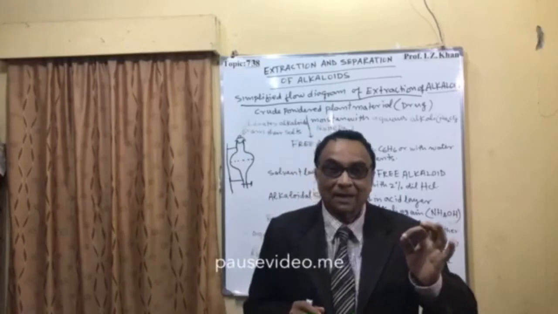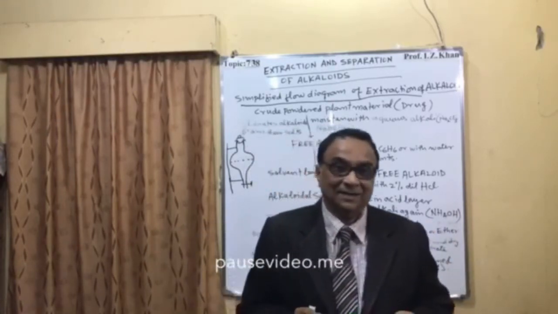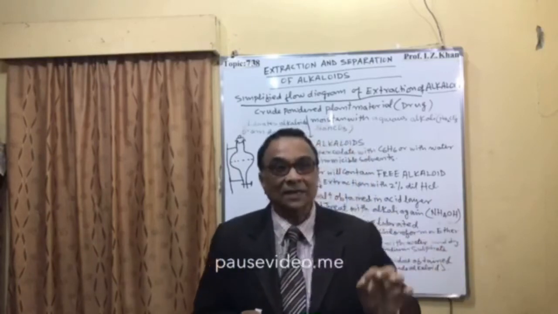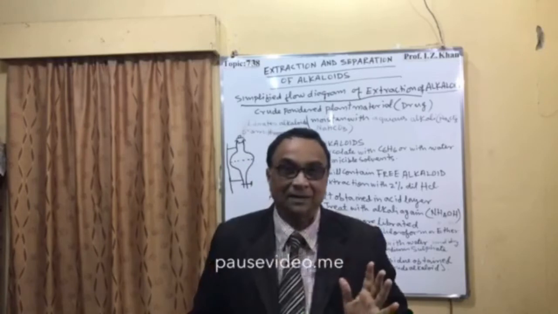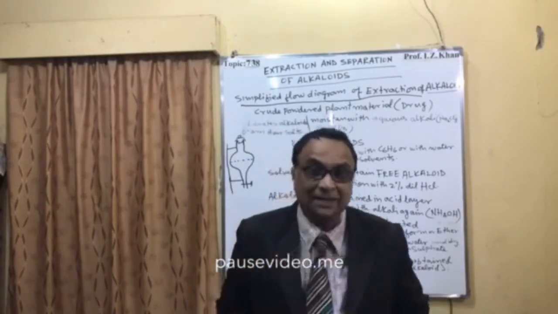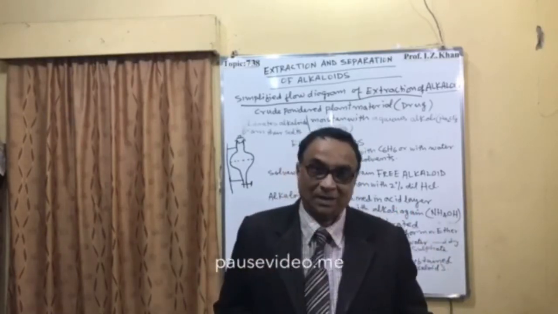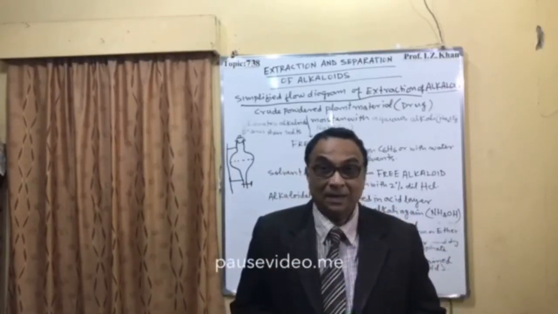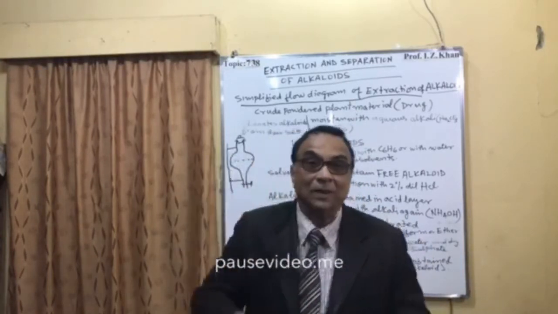The density of chloroform is 1.49. The density of water is 0.9997, that is equal to 1. So water density is less than chloroform density, so definitely water is lighter than chloroform. That's why the chloroform layer will be the lower layer and the upper layer will be water.